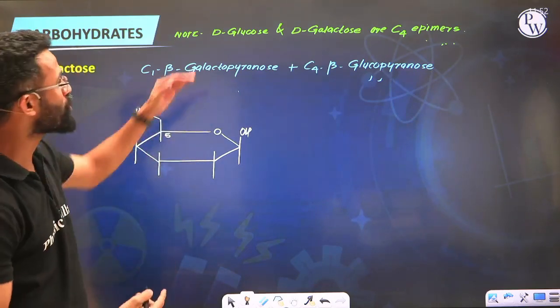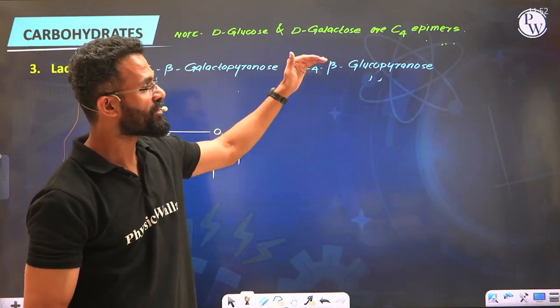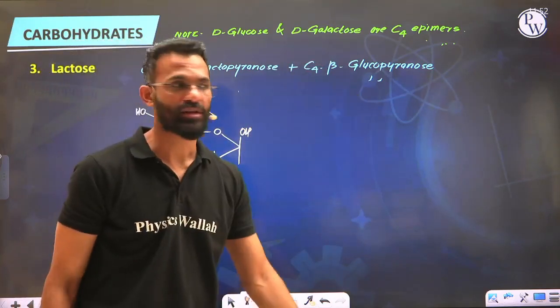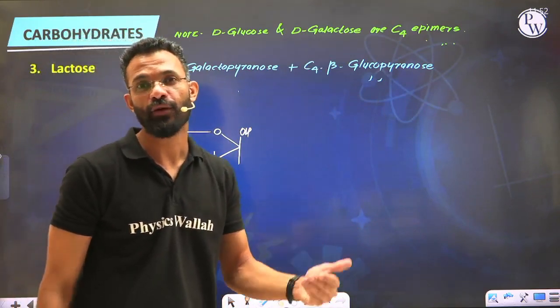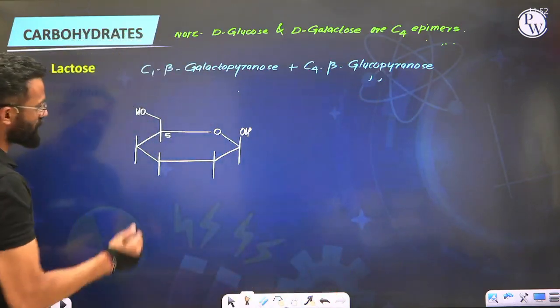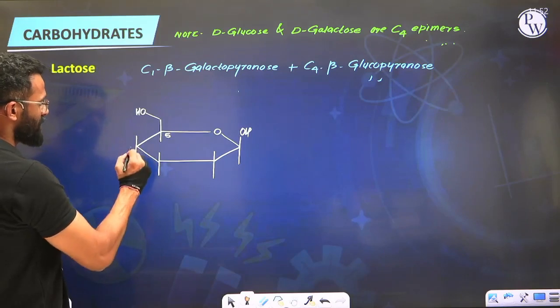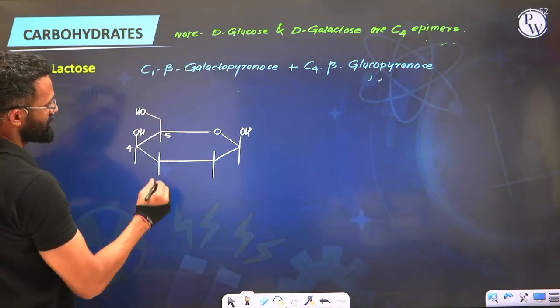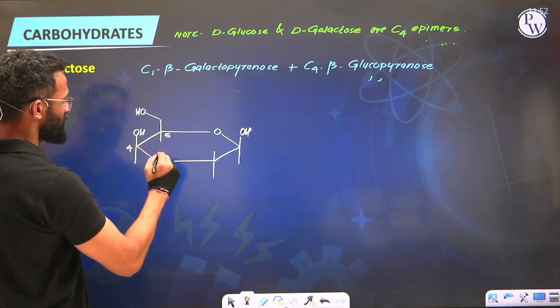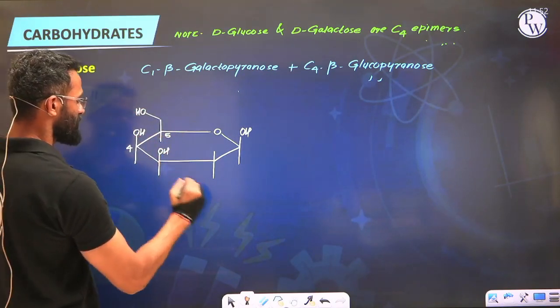Why? Because glucose and galactose are C4 epimers. So in case of glucose, if I put OH to the right at carbon number 4, I must put it left, meaning above the plane. So that is right, left, left, right.